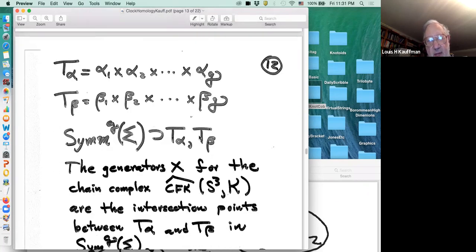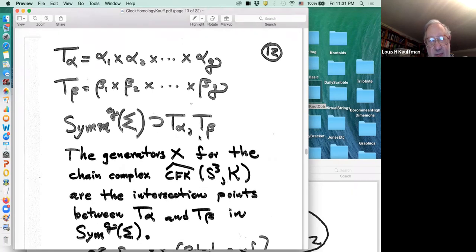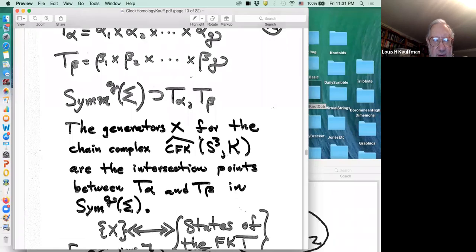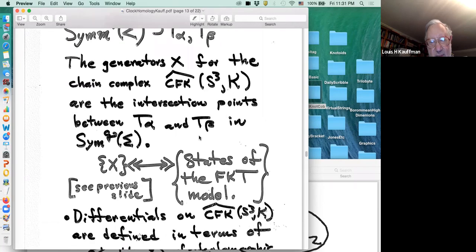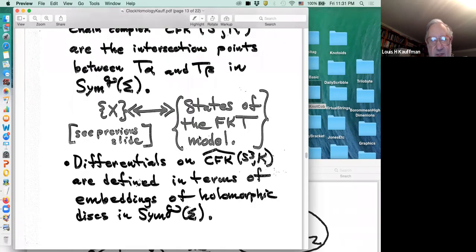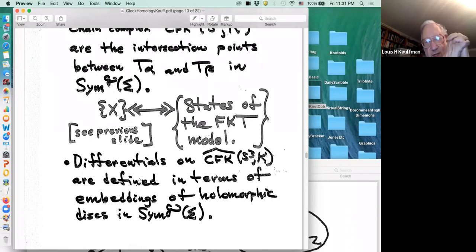And then with these symmetrized toruses, the generators for the chain complex are the intersection points between the T alpha and the T beta in the symmetric product, and they correspond to the marker states. And the differentials on that complex are defined in terms of the embeddings of holomorphic disks in this g-fold symmetric product.